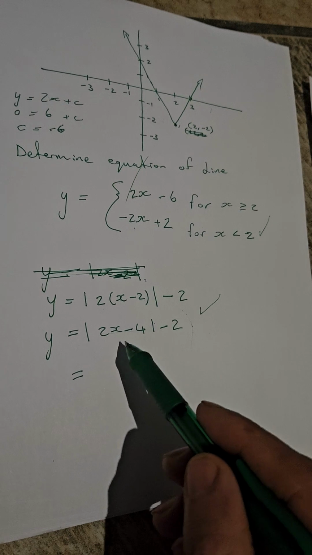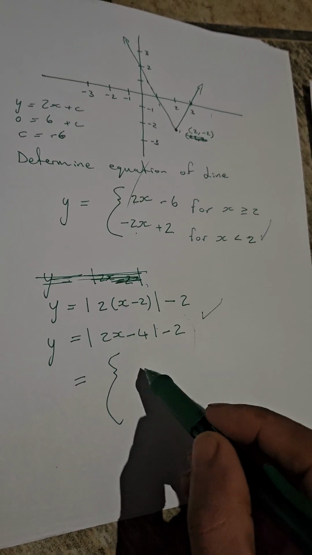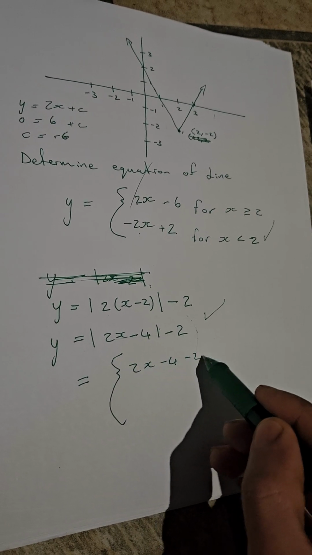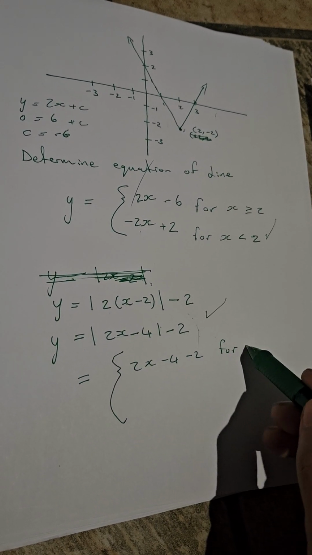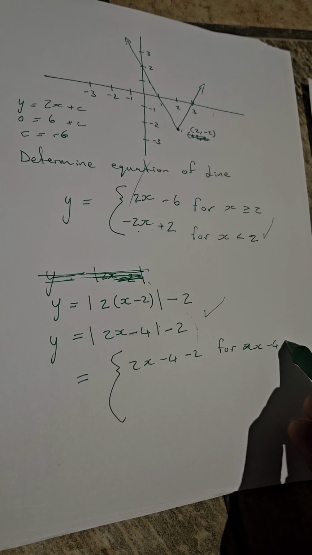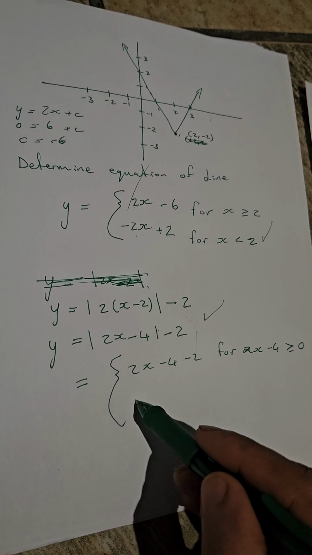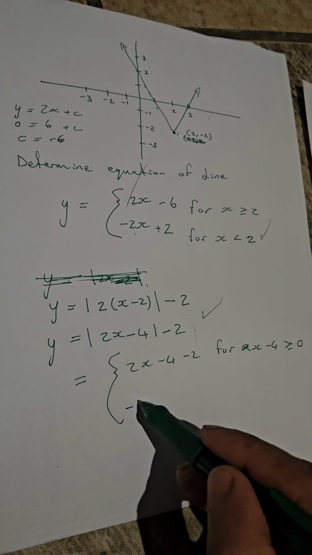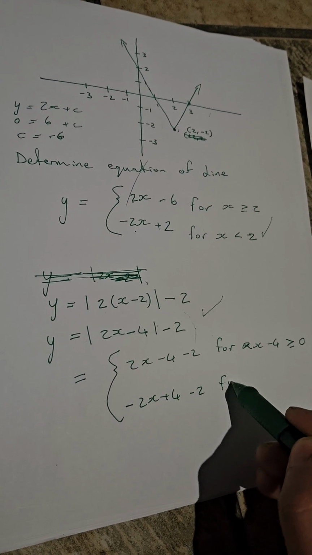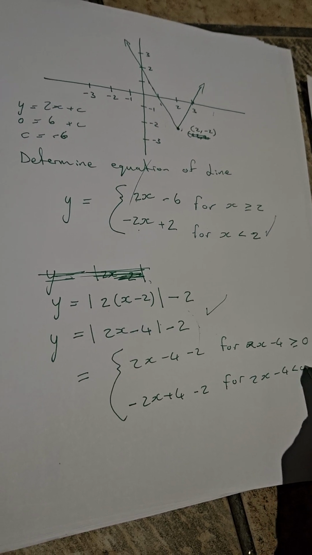If I write it as a composite function, it would be positive whatever's in here, which would be 2x minus 4, minus 2, when 2x minus 4 is in fact positive. And it would be minus what's in there, so minus 2x plus 4, minus 2, whenever 2x minus 4 is in fact negative.